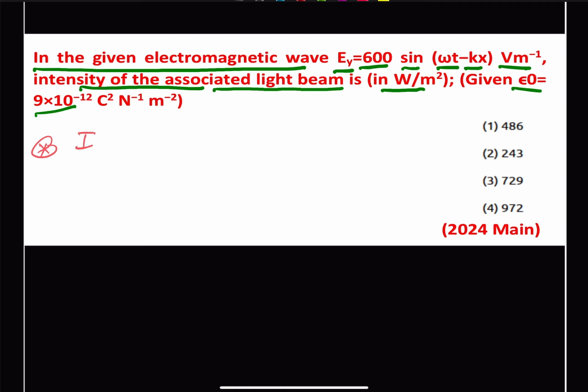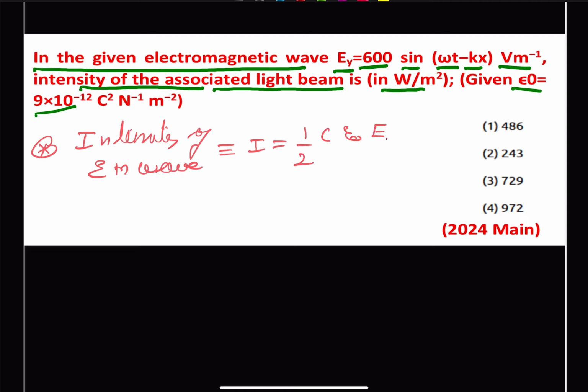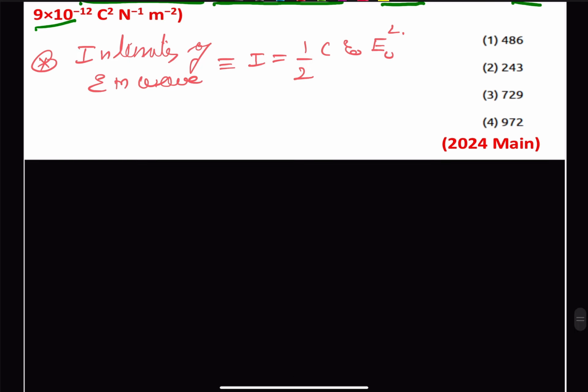So if the intensity of the EM wave is represented as I, then I is equal to half c ε₀ E₀², and E₀ is given to us in the question, that is 600, and the rest of the values we already know.